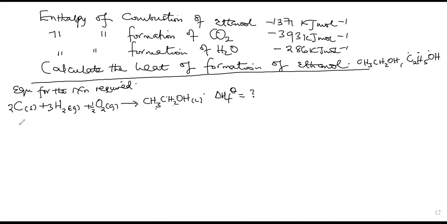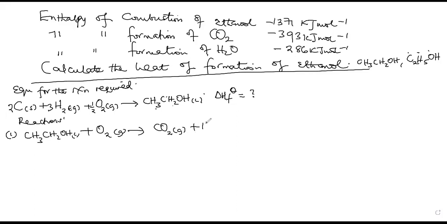Step 2, now other equations for the reactions involved. We have enthalpy of combustion of ethanol. Reaction number 1 is ethanol, CH3CH2OH liquid, undergoing combustion in oxygen gas to form carbon dioxide and water. Do we need to balance?